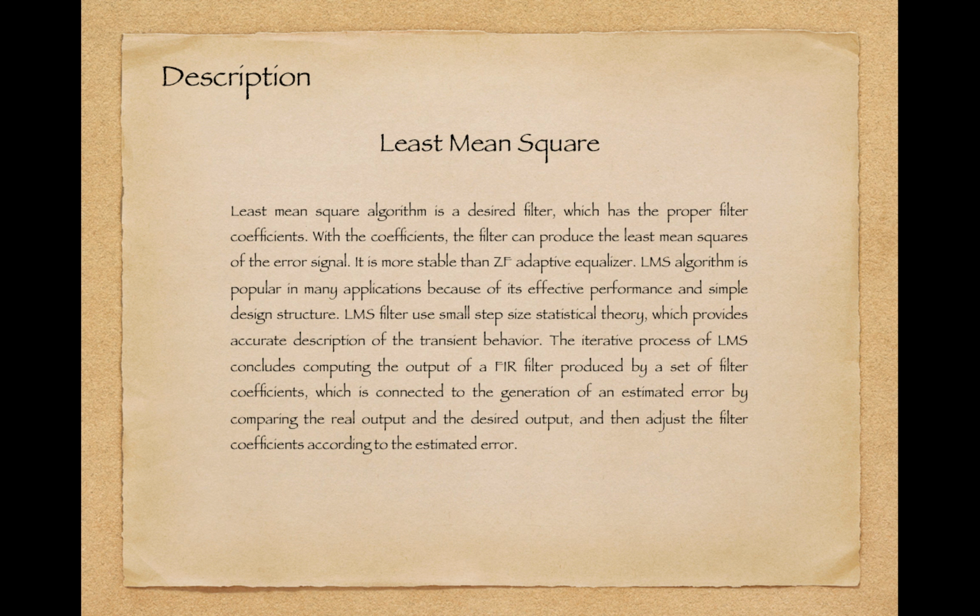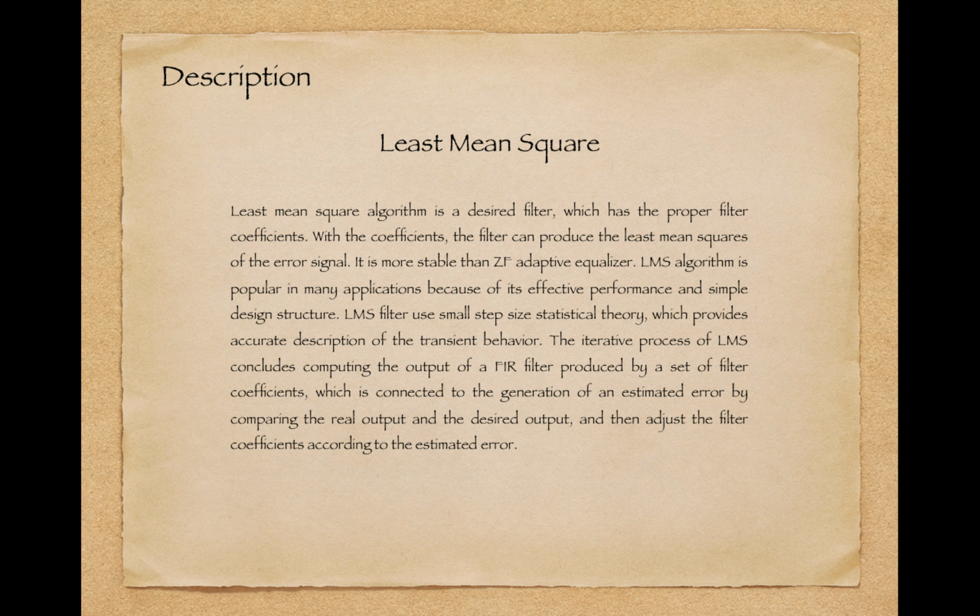ZF is zero forcing. The LMS algorithm is popular in many applications because of its effective performance and simple design structure. The LMS filter uses small step size statistical theory, which provides an accurate description of the transient behavior.